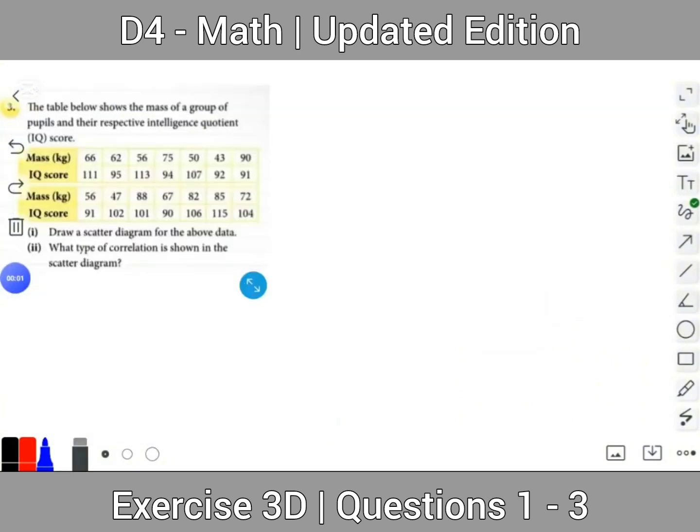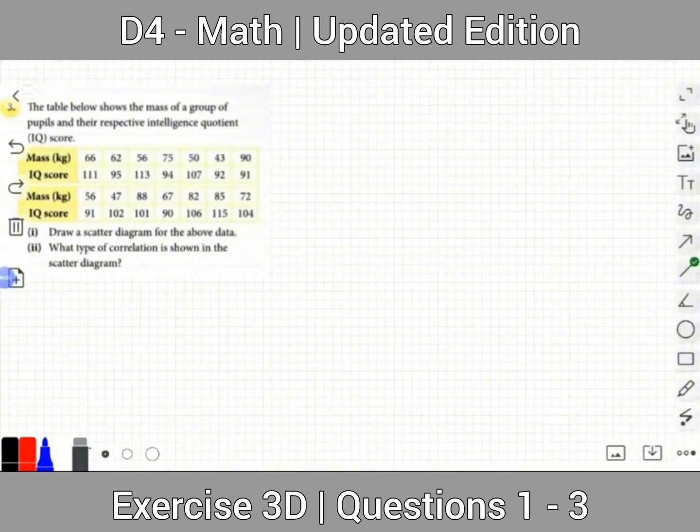Question 3. The table below shows the mass of a group of pupils and their respective intelligence quotient, IQ score. In part 1, draw a scatter diagram for the data above. Now we will draw the x-axis and y-axis.